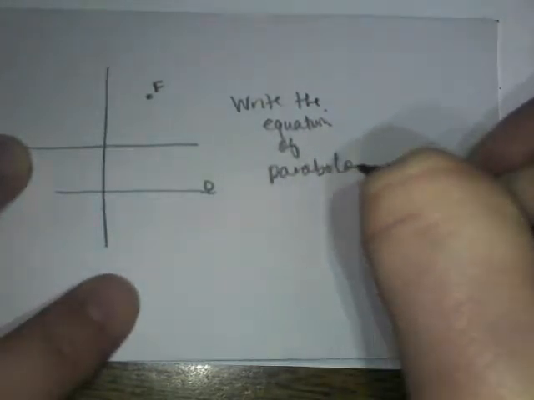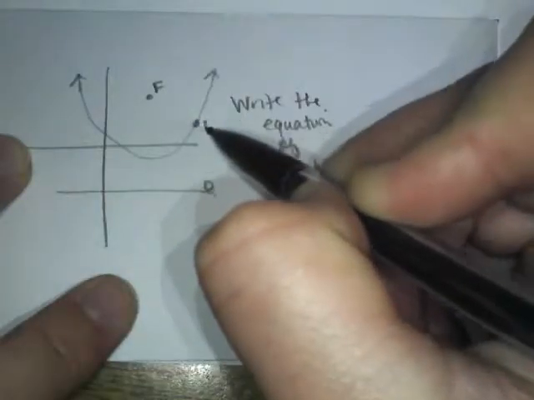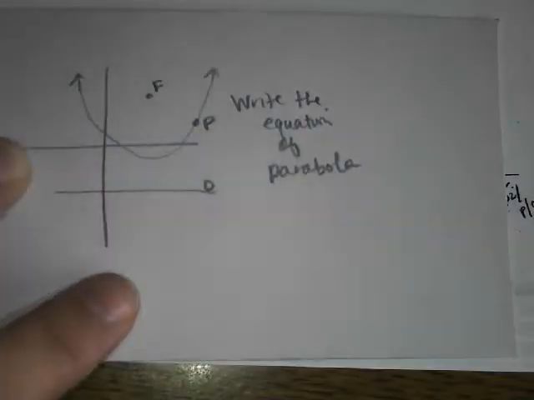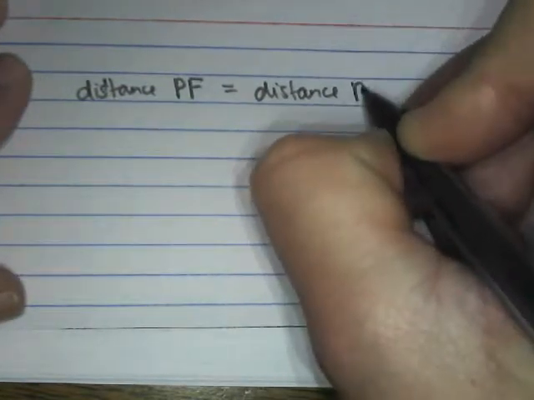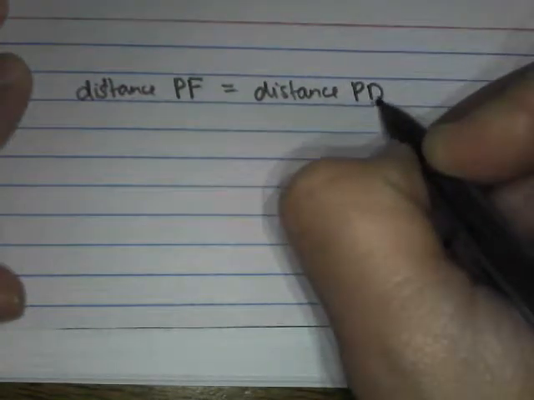So this will be the front of the card, and on the back of the card, I'm going to put the distance from P to F equals the distance from P to D.